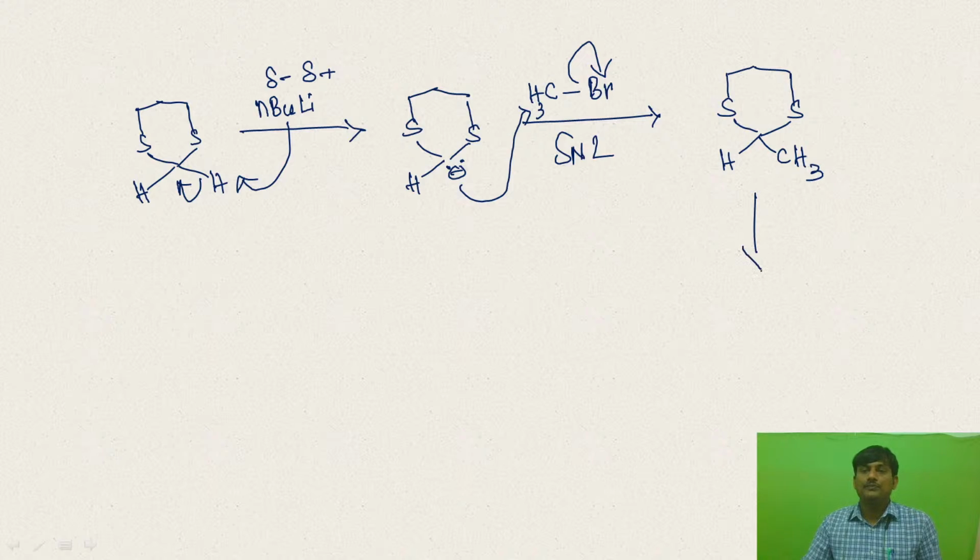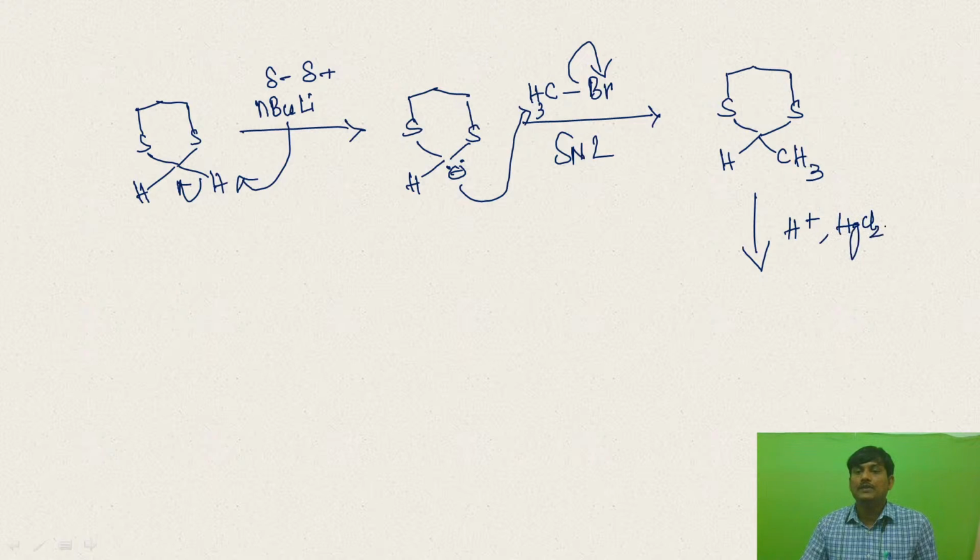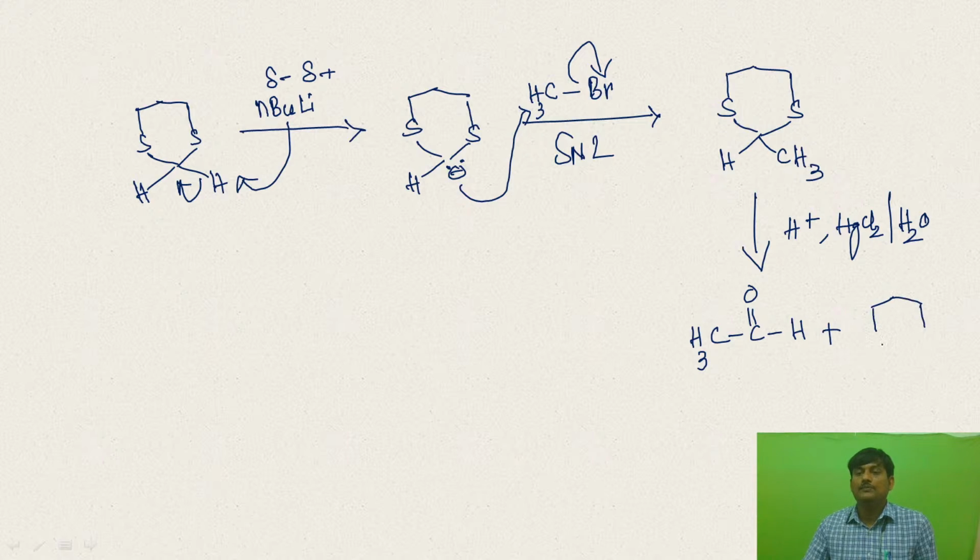Okay, when you hydrolyze this 1,3-dithiane compound in presence of acid and mercury chloride, acidic hydrolysis in presence of mercury chloride, there is a formation of CH3 C double bond O H plus 1,3-dithiol, SH.